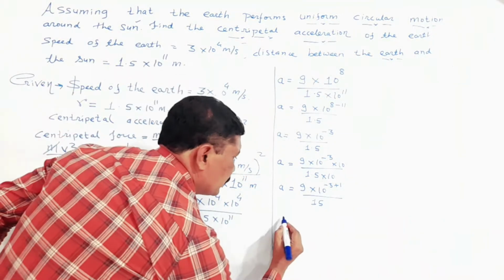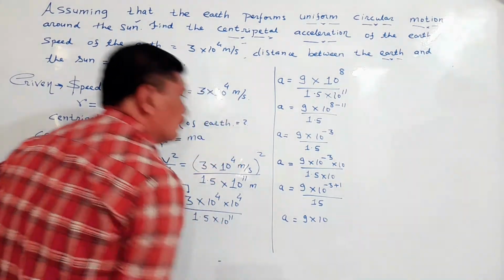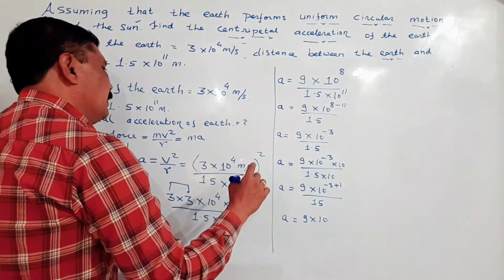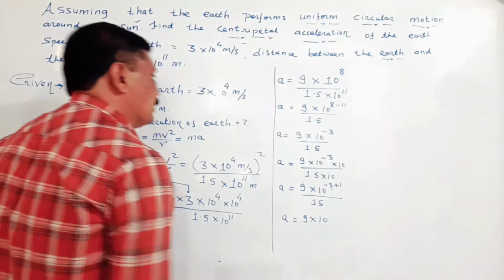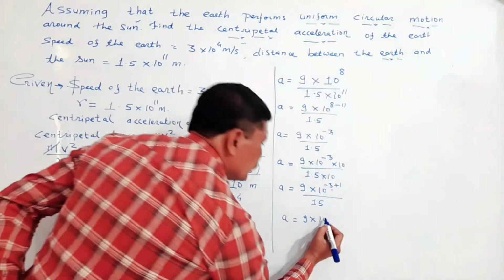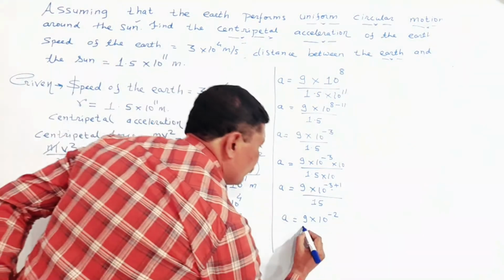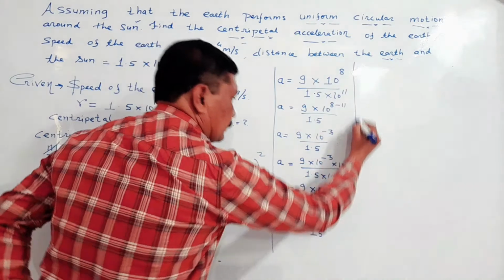Minus 3 plus 1 is minus 2, the greater number is 3, the sign is minus, so we will take minus 2, and 15 will come as it is.